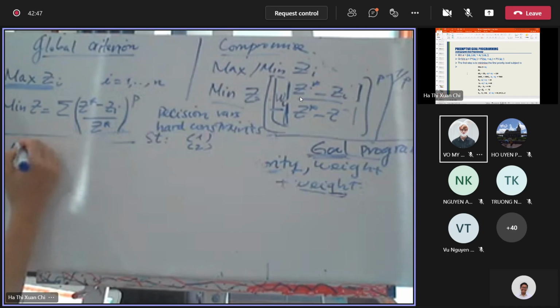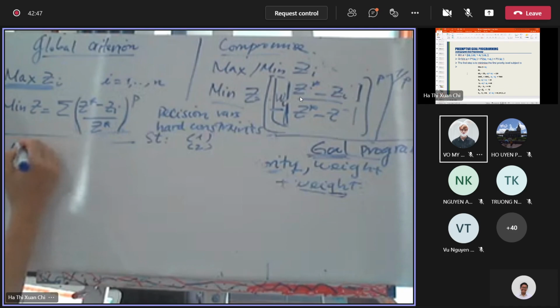For deviation variables, we have 2 types, positive and negative. That is the overachievement and underachievement.